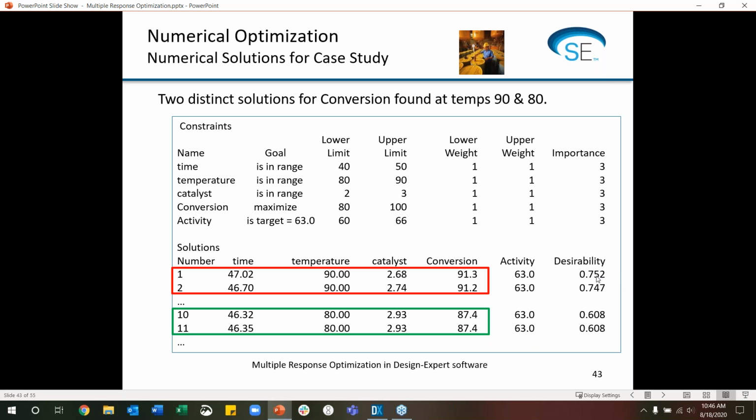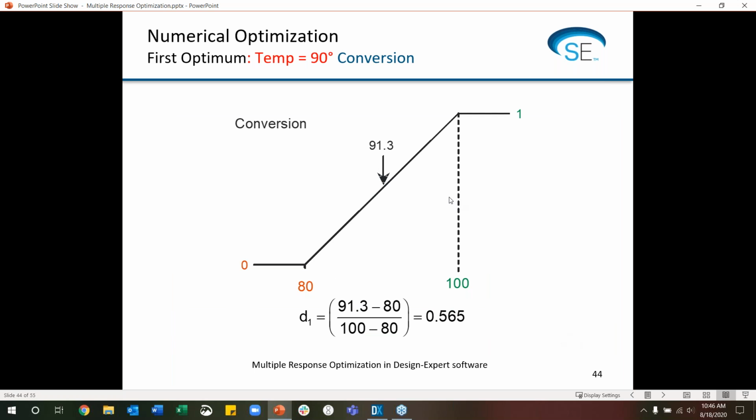So the desirability ends up being a little bit higher, 0.752 versus 0.608 on these two solutions. And here's how desirability is calculated. For conversion, the small d for desirability, we get to 91.3. So we take the 91.3 minus the 80, divided by the range of 20, which is 0.565.